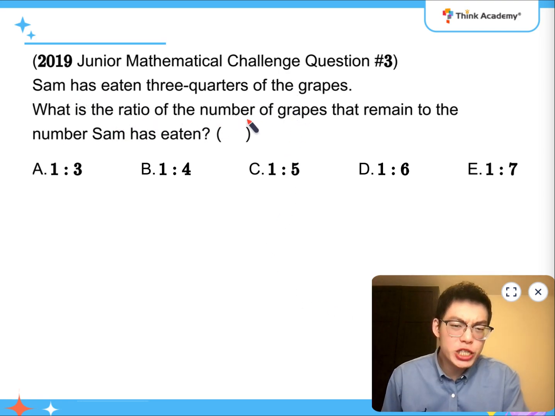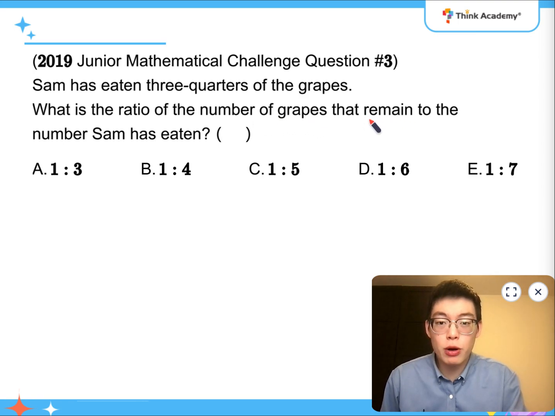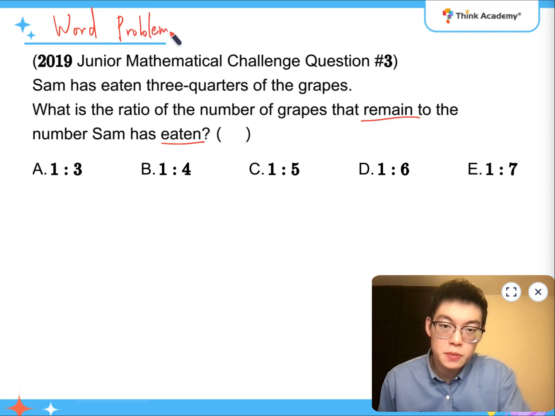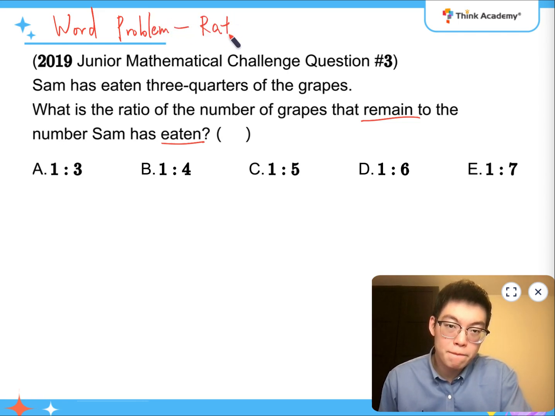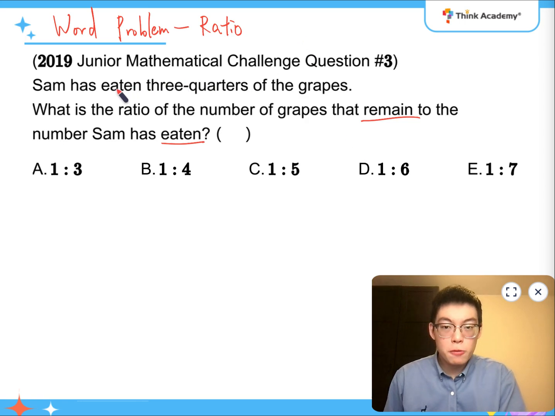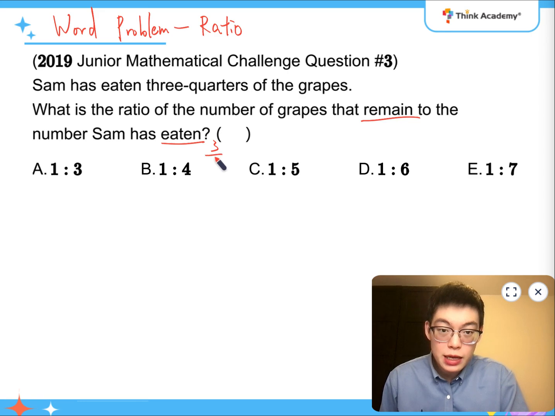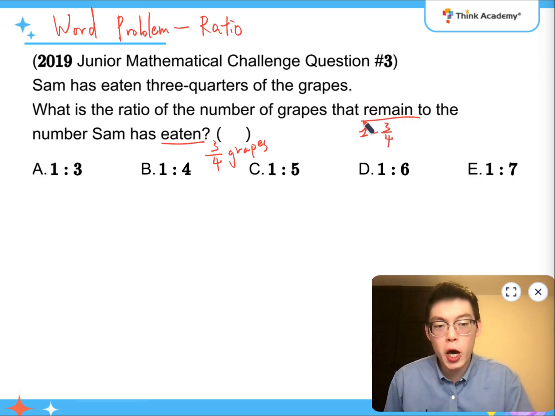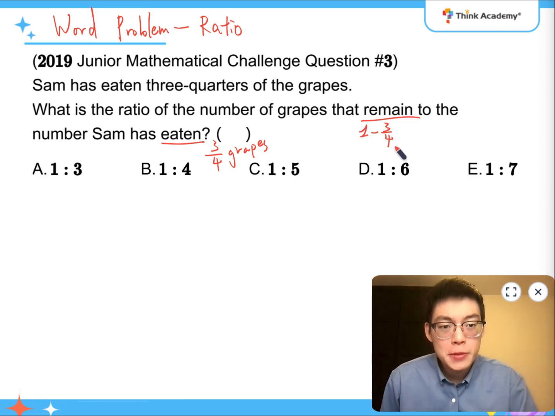What is the ratio of the numbers of grapes that remaining to this number that Sam has eaten? So that's a word problem on ratios. Well, if Sam has eaten 3/4 of the grapes, it means that that's going to be 3/4 grapes, which means that what remains is going to be 1 take away 3/4, because we can treat 1 whole as a fractional 1, right?